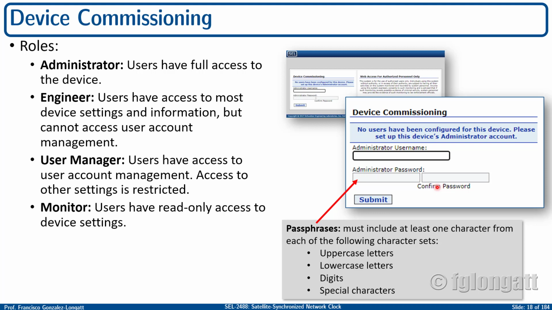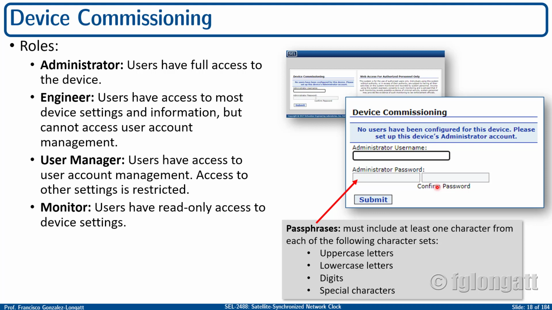Okay, if you need to access the technical functionality, go with an engineer account. Finally, there is an account that is only used for monitoring purposes. That is the role of monitor, and the user has only access to the device settings.